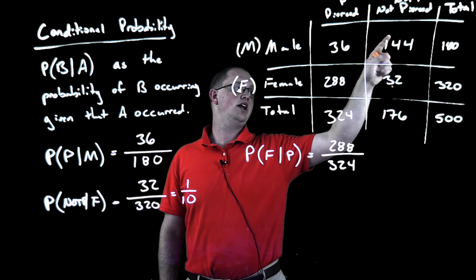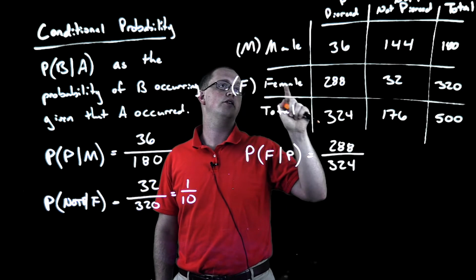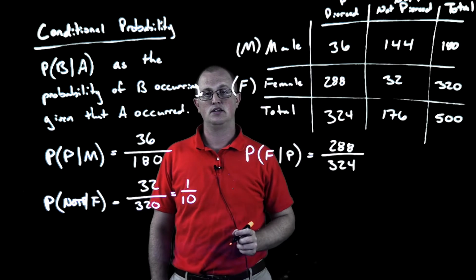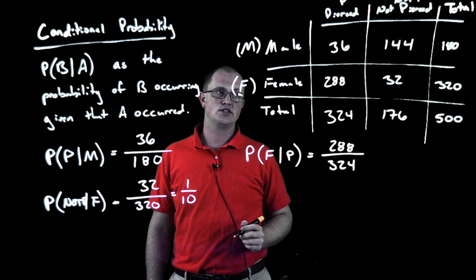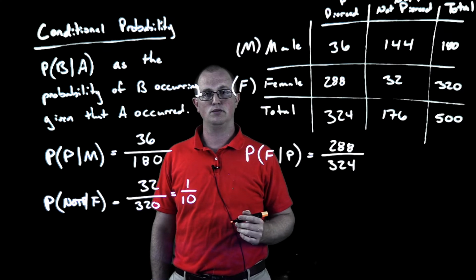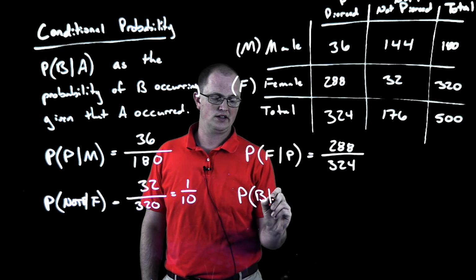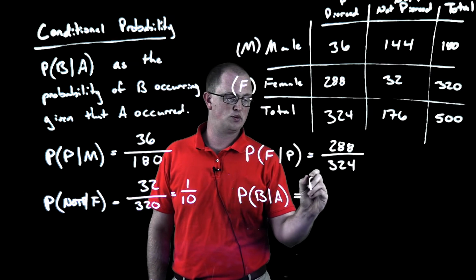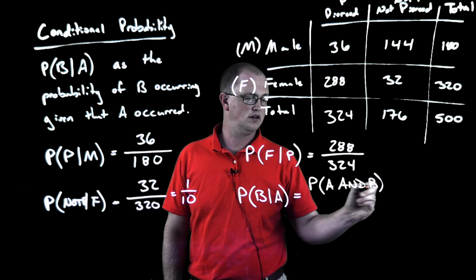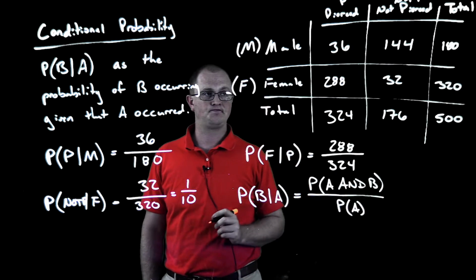And we said that these individual values inside there are the numbers of respondents who are in M and P. Then this gives us a calculation formula for conditional probability. And that is that we have the probability of B given A is equal to the probability of A and B divided by the probability of A.